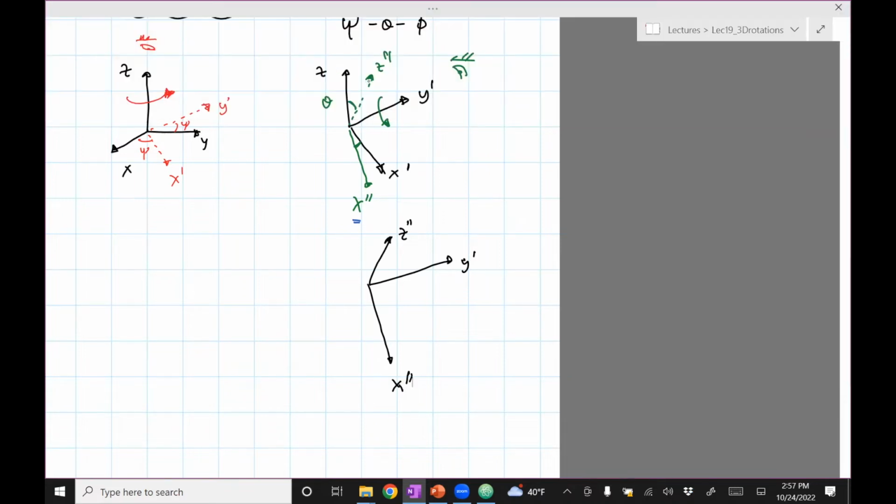Now let's turn by phi about the x-axis. So again, look at it from the positive x-axis. Rotate by an angle of phi. And so this rotation will pretty much move everything in the z-y plane.